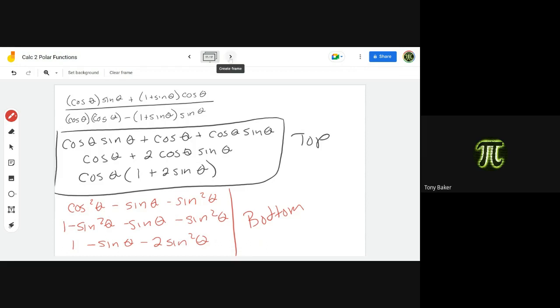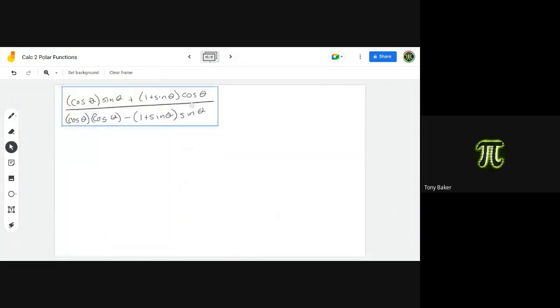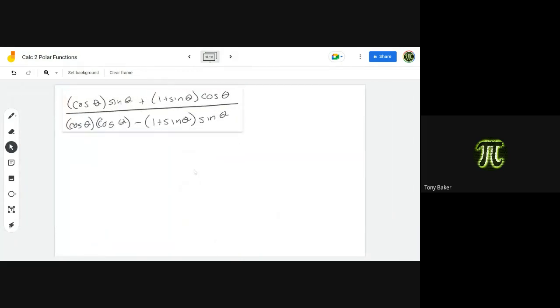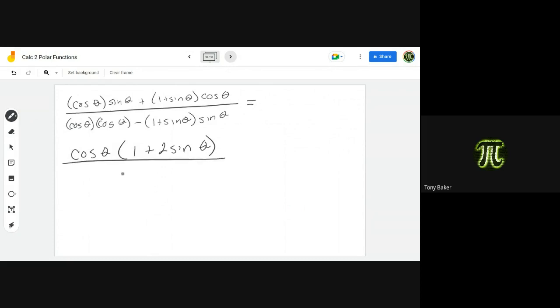So my derivative of this equals cosine θ times 1 plus 2 sine θ, over 1 minus sine θ minus 2 sine squared θ.